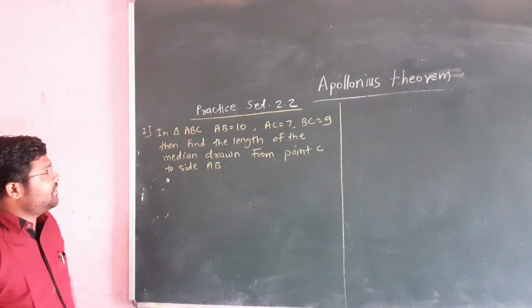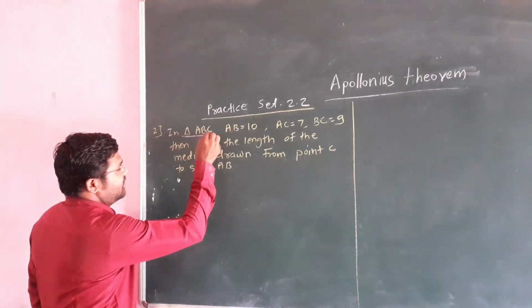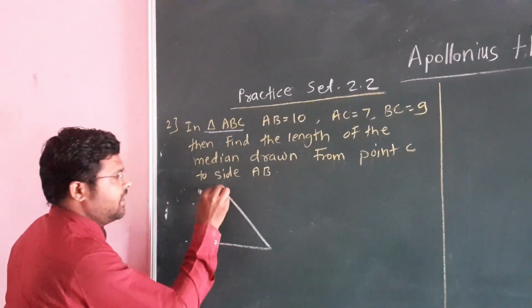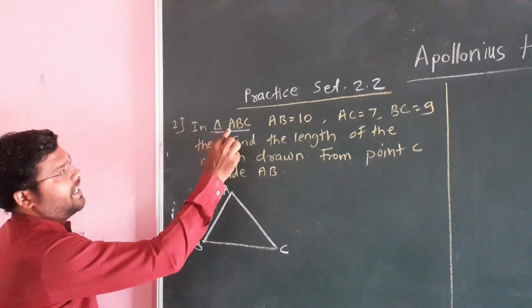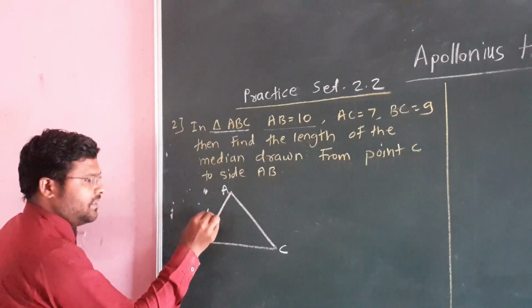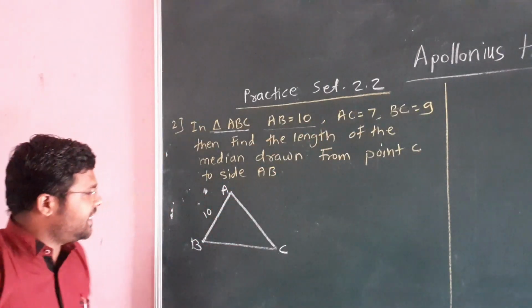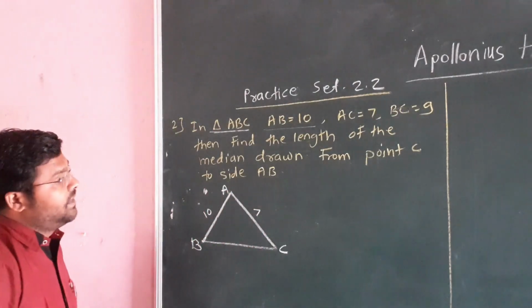Now second example. In triangle ABC, so draw here triangle ABC. AB is equal to 10, so write here AB is equal to 10. After that, given AC is equal to 7. Where is AC? Here. AC is 7.